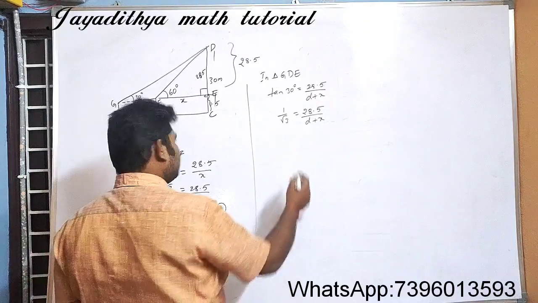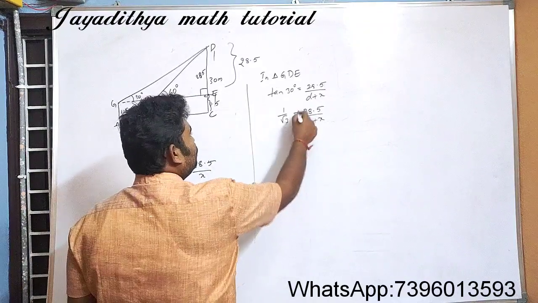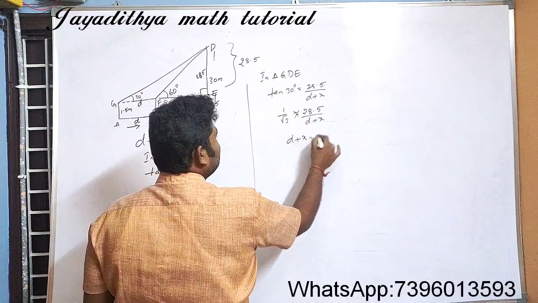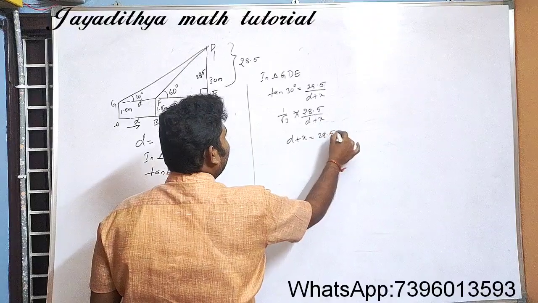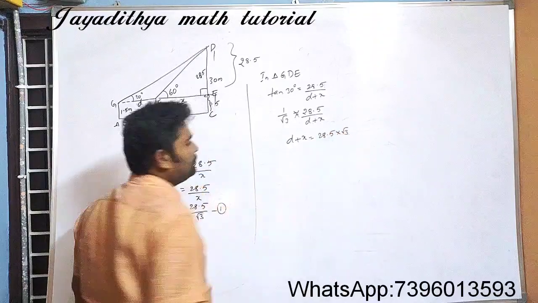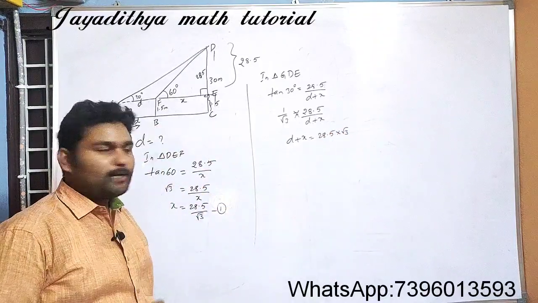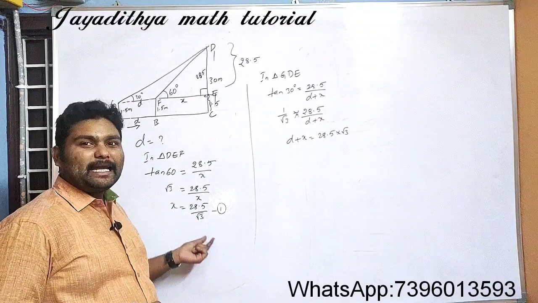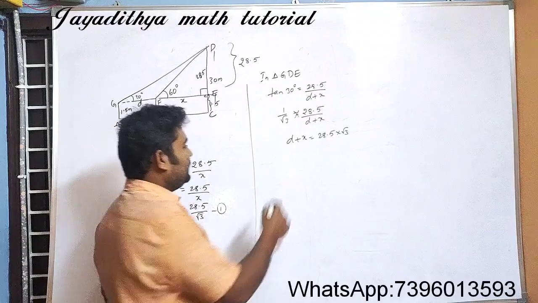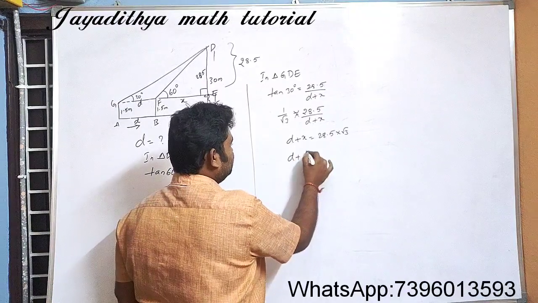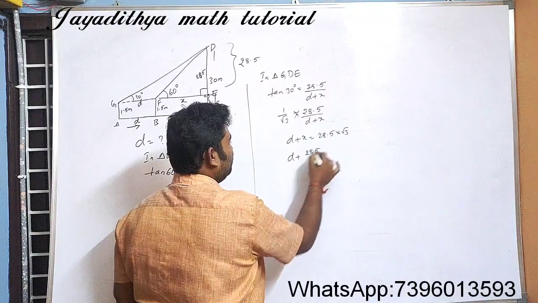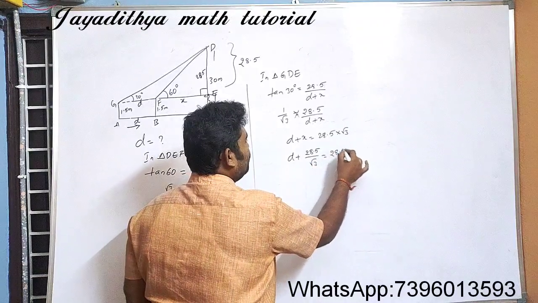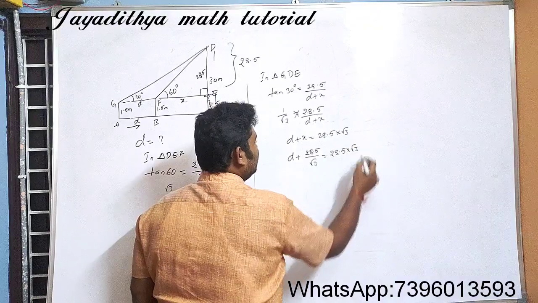Okay, let us do cross multiplication here. So D plus X is equal to 28.5 into root 3. But we know that X is equal to 28.5 by root 3. So this is D plus 28.5 by root 3 is equal to 28.5 into root 3.